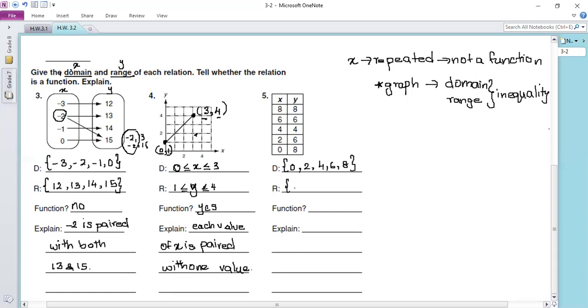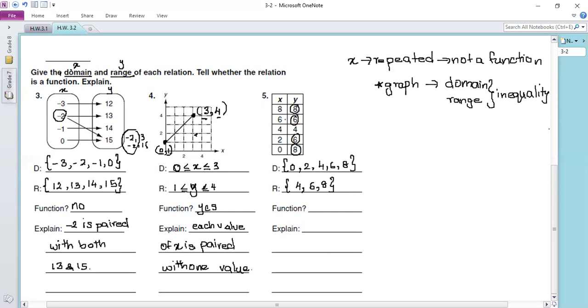So again here, we have 8, 6, 4, 6, 8. The values 8 and 6 are repeated 2 times. So you don't need to keep repeating, you just have to write it once. So here we will say 4, 6, and 8. That's enough because you don't need to keep repeating the values when you're writing the domain and the range.